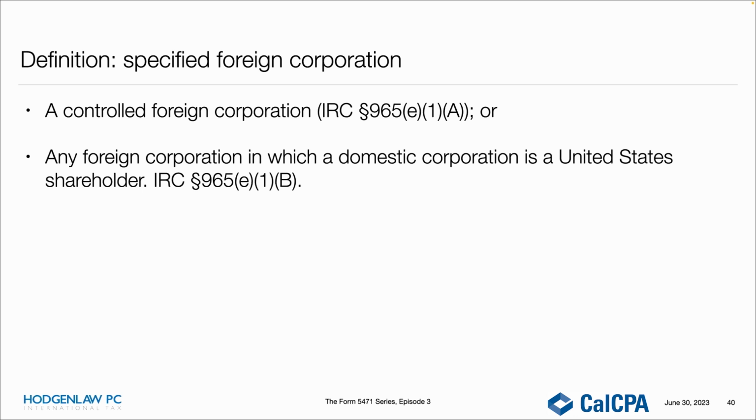So, me, a 10% shareholder as a human being, and a Delaware corporation owned by my best buddy that has 10% of the stock. Okay, we're a specified foreign corporation because there is a domestic corporation that's a United States shareholder.